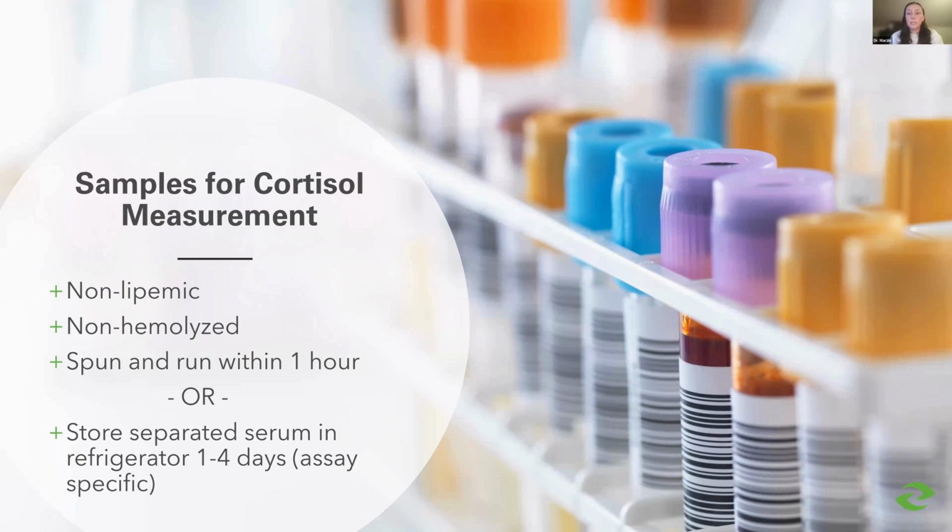Therefore, we typically need these pets to be fasted. At the time of running or storing the serum, if it's hemolyzed or lipemic, then I don't recommend proceeding. Something you can do in practice is wait until you have the serum from the first sample, take a look at it, and make sure it's not hemolyzed or lipemic before you actually administer the ACTH or dexamethasone.